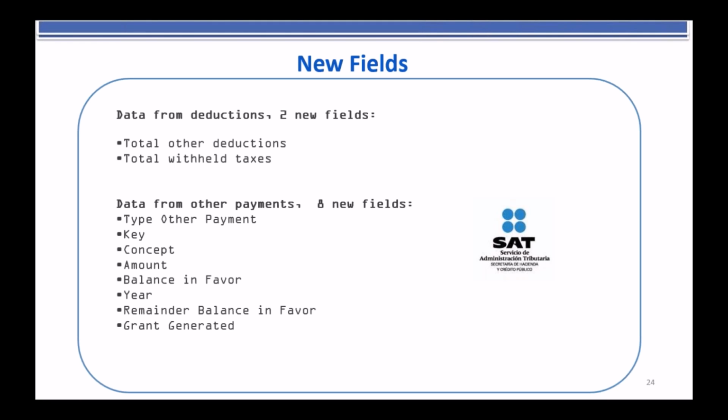And here we have key as the authorities are including it, but in reality what it is is the accounting number that the employer uses in the accounting to code revenues, to code deductions, to code everything included in the CFDI.